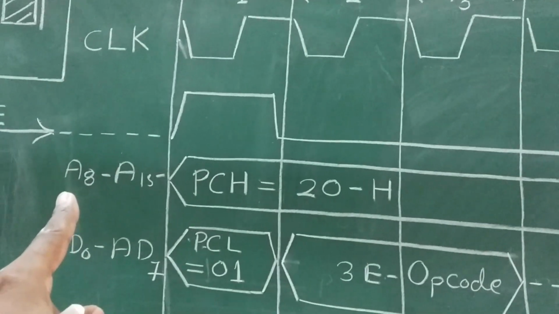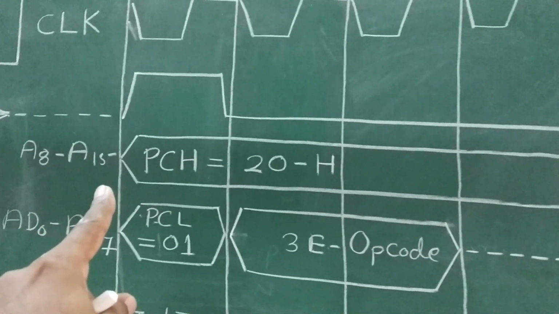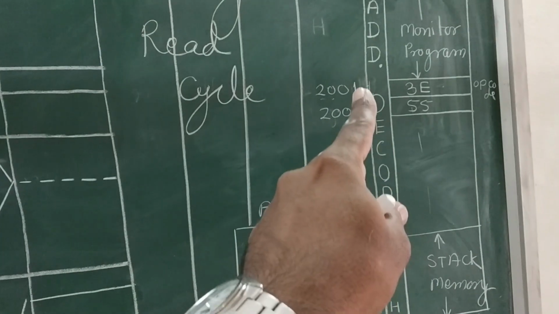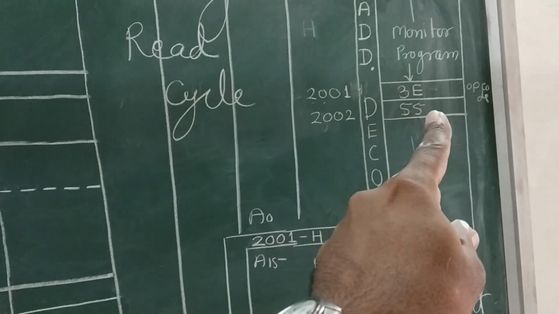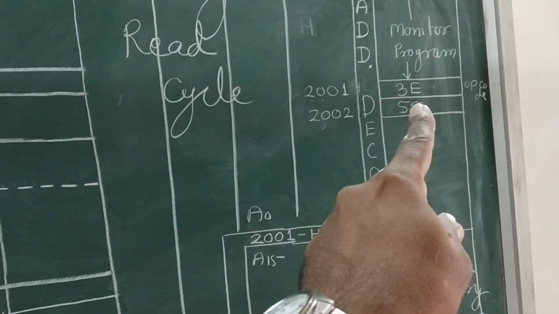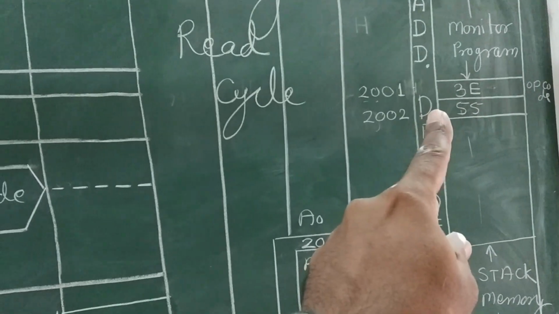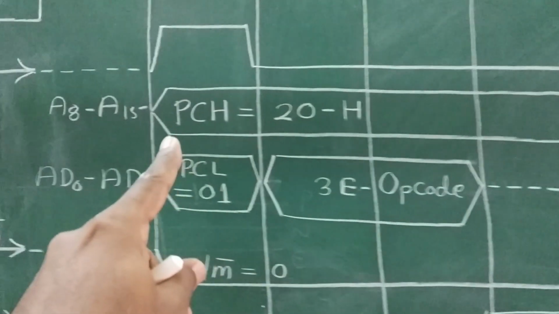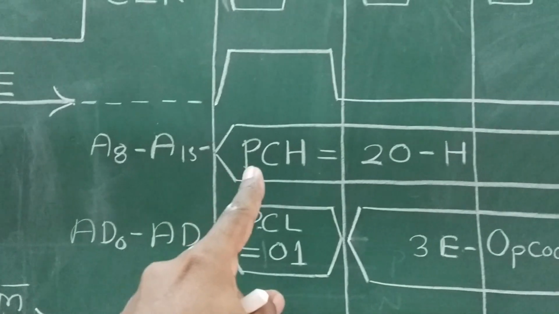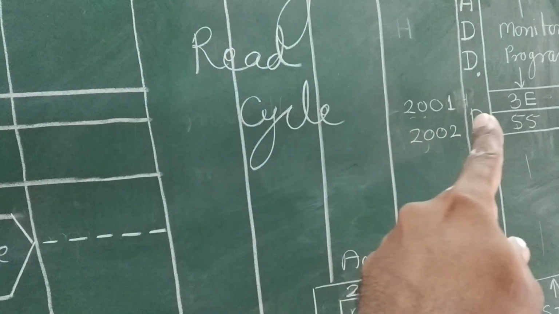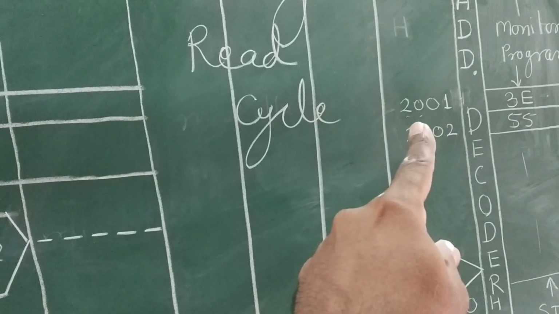Then we have the higher order address bus, as we have taken the example of memory location 2001, where we have loaded the instruction code 3E, which is the instruction code of MVI A. So the PC high bit must be 20, indicating the higher address of 2001.